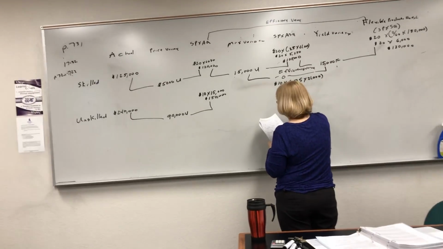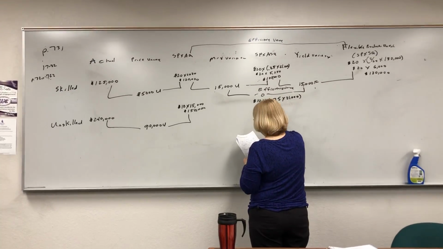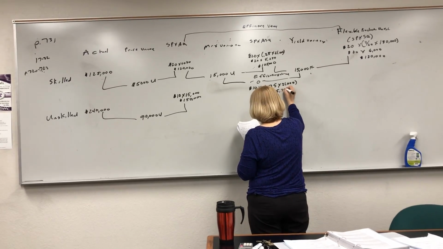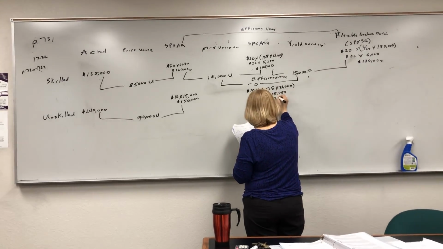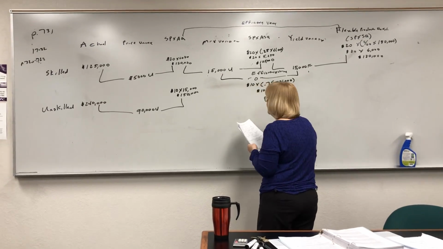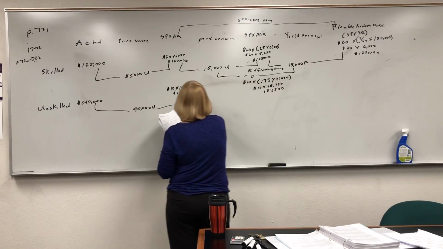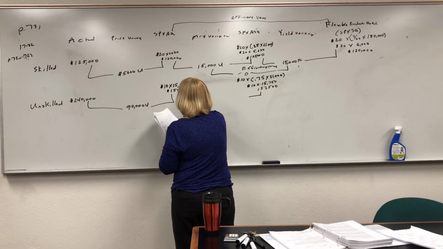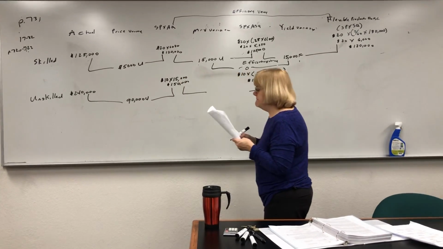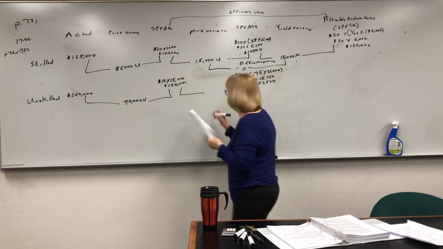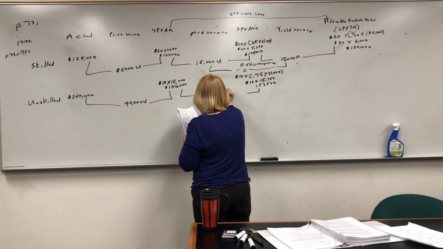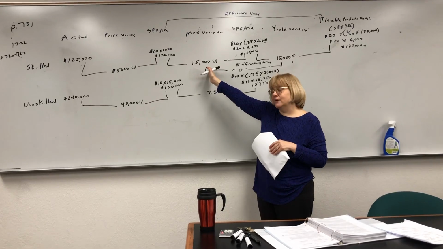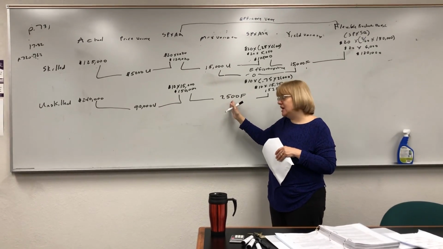So we end up with 10 times 15,750. So we end up with 157,500. So our mix variance, the 150,000 minus the 157.5, 7,500 favorable, okay? So we used more of the skilled labor than we should have and less of the unskilled.